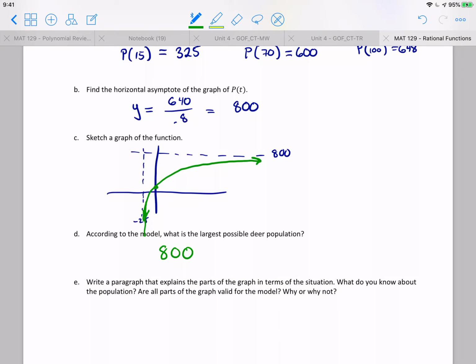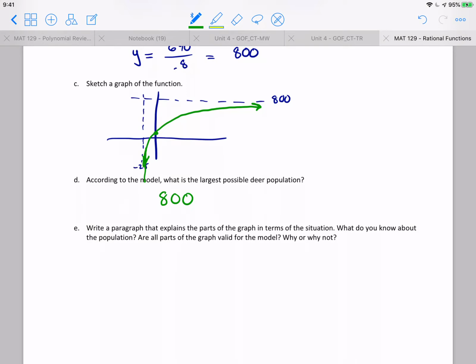Why or why not? Well, first of all, having t less than 0 does not make sense. Sometimes it can, because that can be just going backwards in time from your starting measurement.